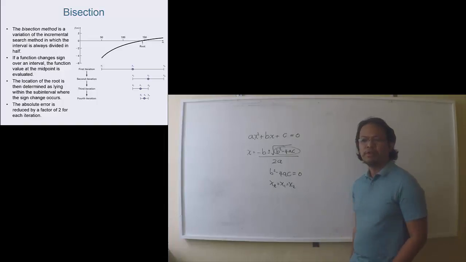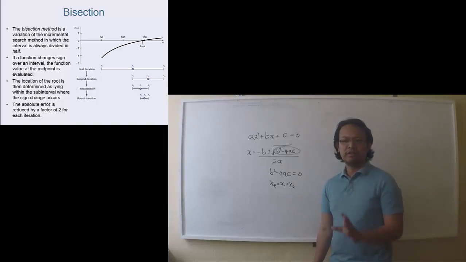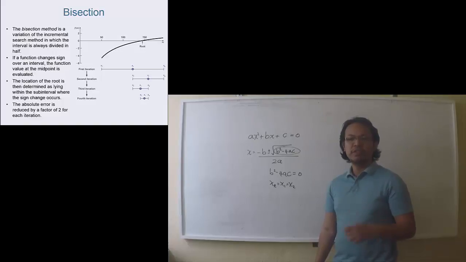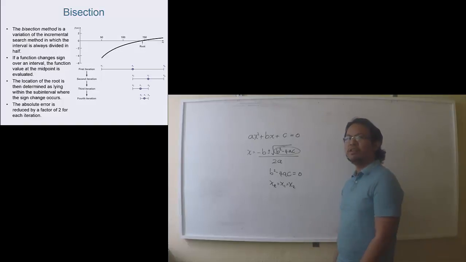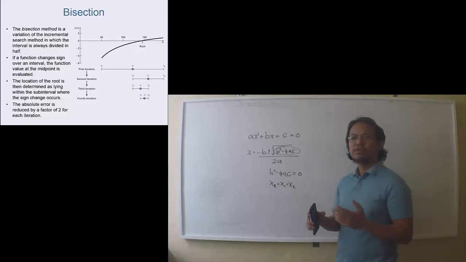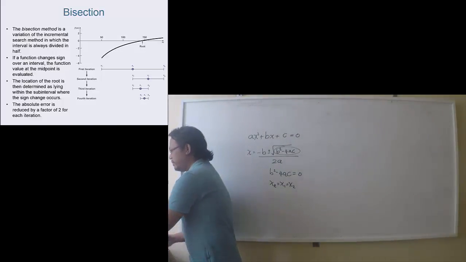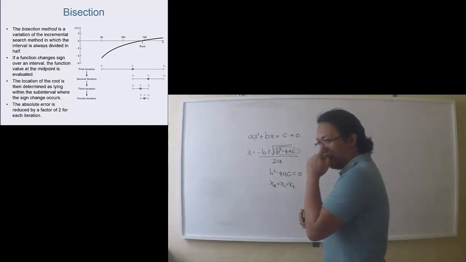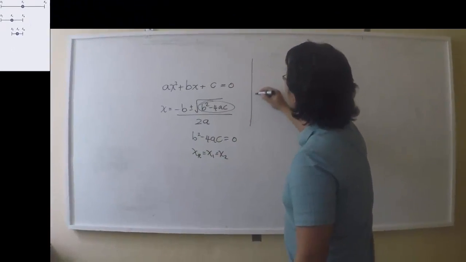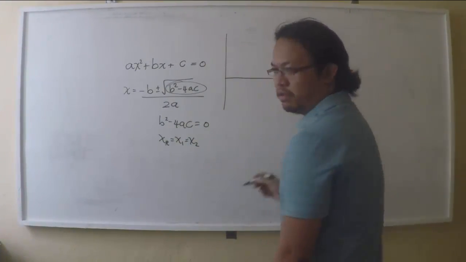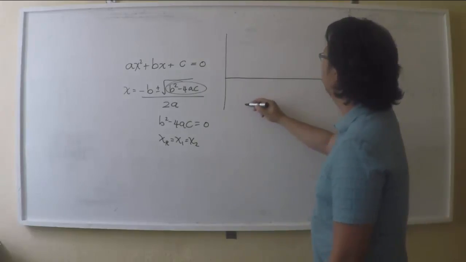Okay, so this is an example of the bisection. There is a function, and you are trying to guess the root. So how do you do this? Let me draw this one. For example, this is the function.